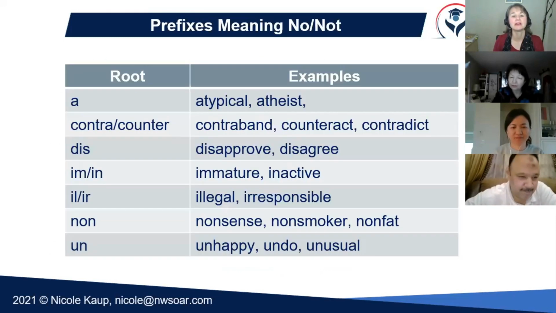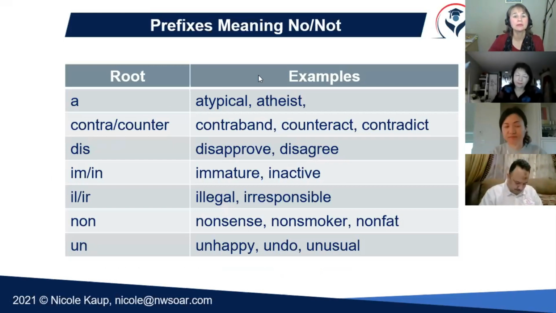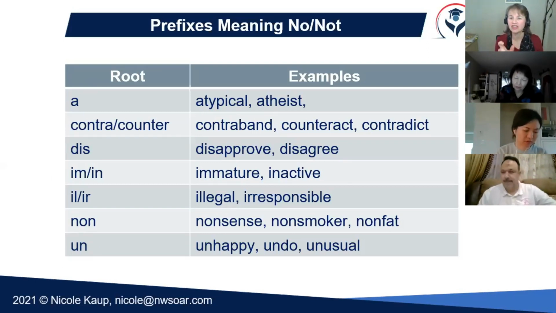Okay. So let's take a look at some other roots. These are all not roots. These are actually prefixes. These are all prefixes that refer to no or not. So a refers to, well, not, like atypical, something that is not typical. An atheist is a person who does not believe in God. If you look at the root, the refers to God.